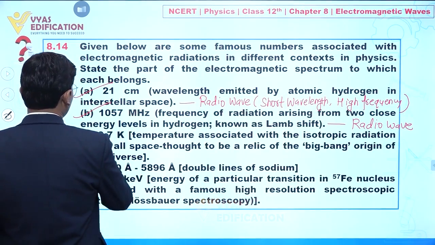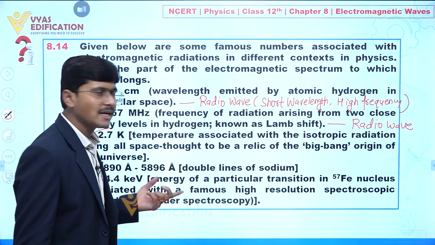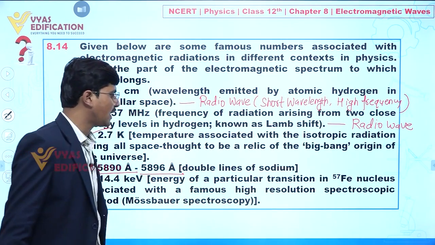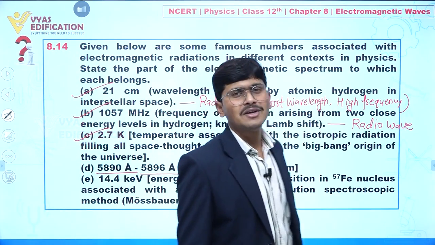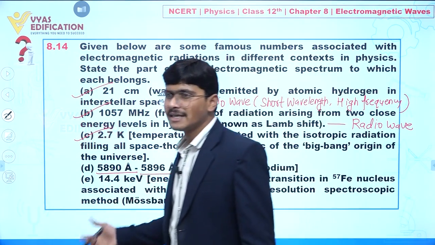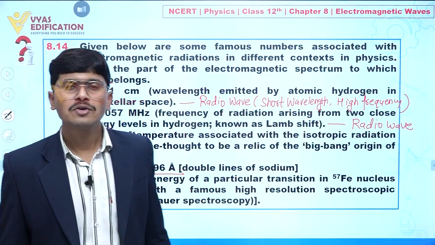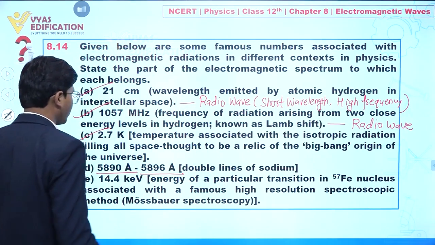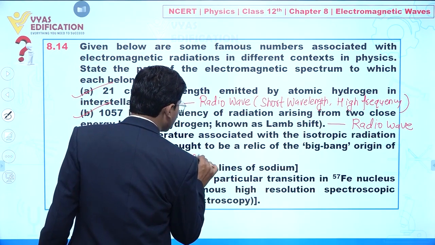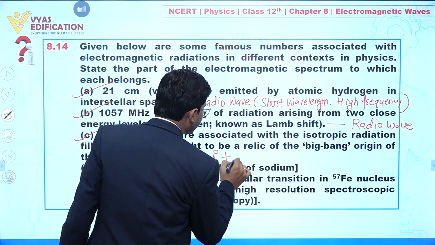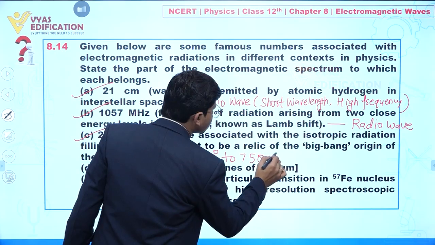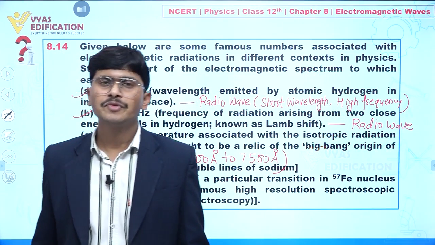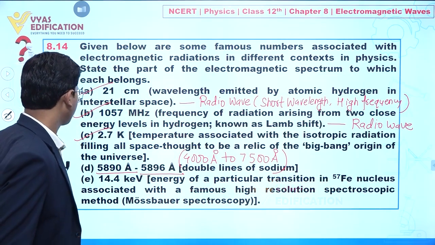Now if we are talking about part D, directly you can say this is 5890 angstrom and 5896 angstrom, the double line of sodium. This is related to the visible spectrum, because the range of visible spectrum is 4000 angstrom to 7500 angstrom, according to NCERT, clear.